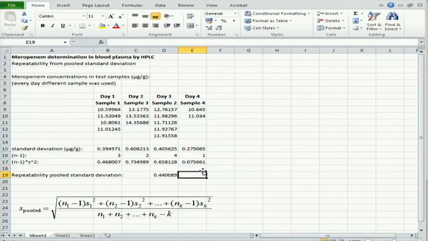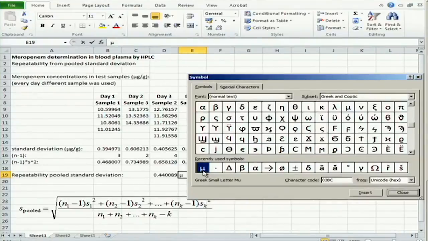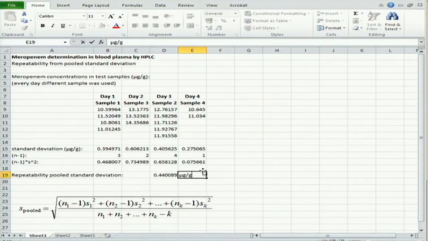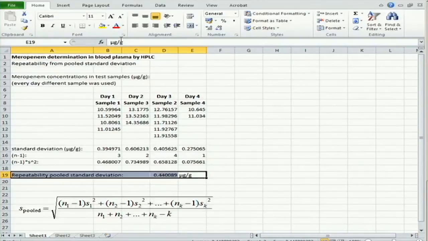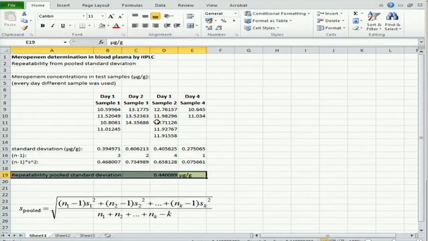And of course it is expressed the same way in micrograms per gram. So if we want to characterize this procedure by a repeatability estimate, then this repeatability estimate would be most suitable because it has been determined with different samples on different days.